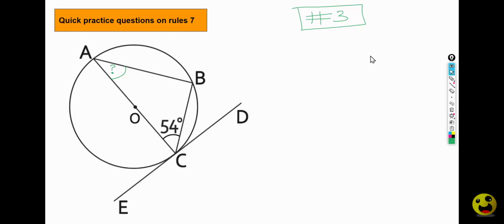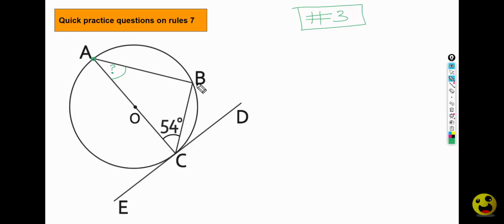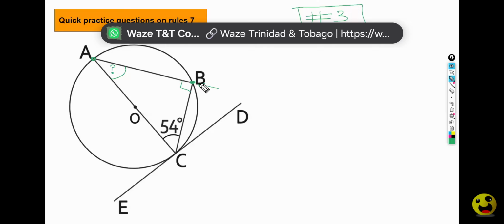Rule 3 says if you have a diameter, from A to C, starting from one side of the circumference, going through the center to the other side, and an angle that starts at the beginning of the diameter, hits the circumference at point B, and bounces back to the end of the diameter, the angle touching the circumference is automatically 90 degrees.